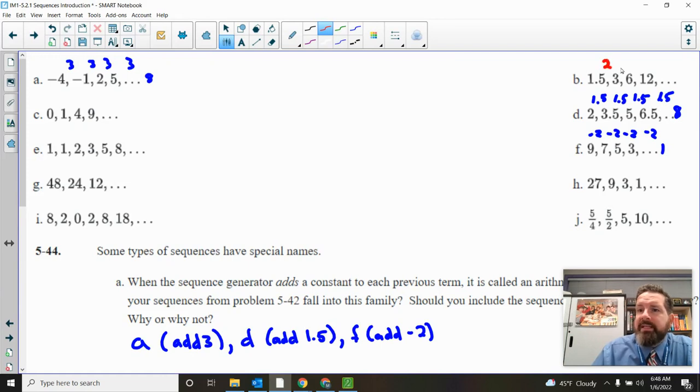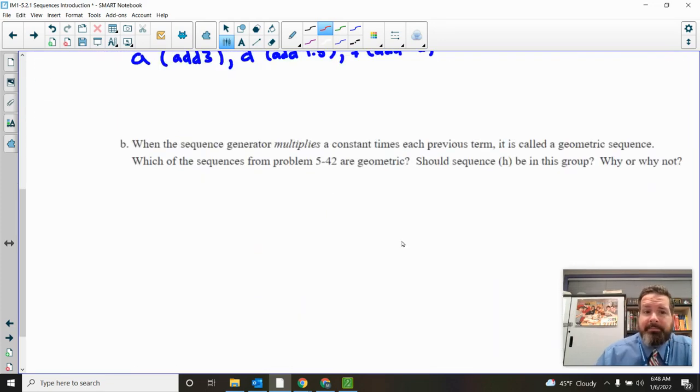To go from 3 to 6, that one's a little easier, multiplying by 2. To go from 6 to 12, multiplying by 2. So let's continue that one more time. That's where the 24 comes from. And we're just multiplying by 2 each time. So B is geometric because we're multiplying by 2 to get from term to term.